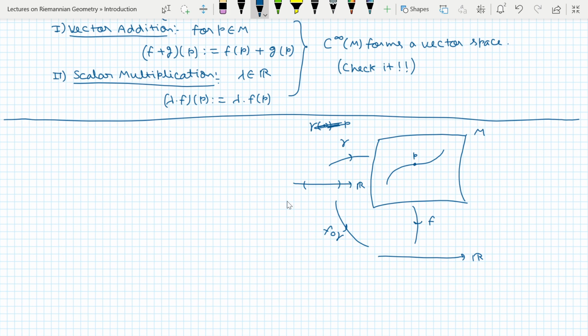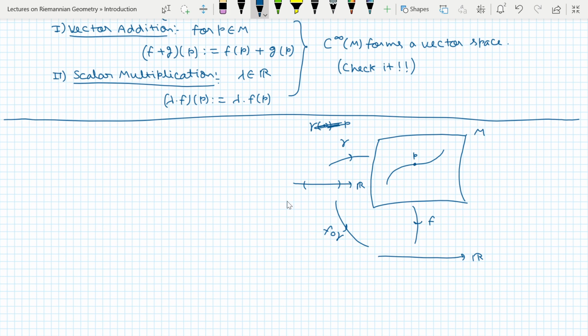Now f of gamma is a function from R to R, and we know how to differentiate a function from R to R. And clearly this tells you how the value changes as you move along the curve when you change the parameter value in the domain of the curve gamma. Because if you change the parameter value in the domain of gamma, since all of this is connected, the value in the codomain of f is also going to change.